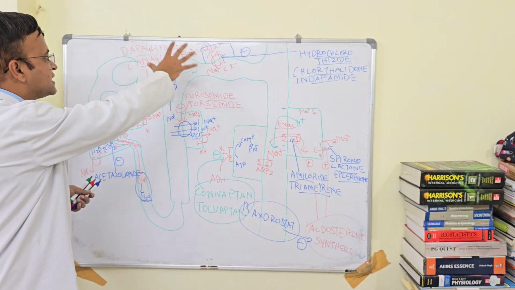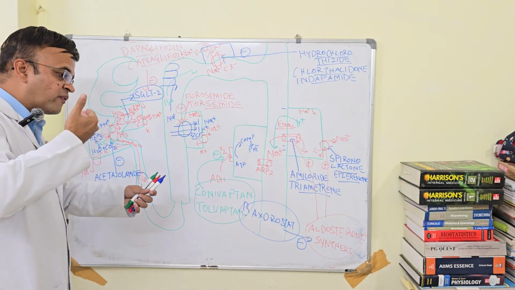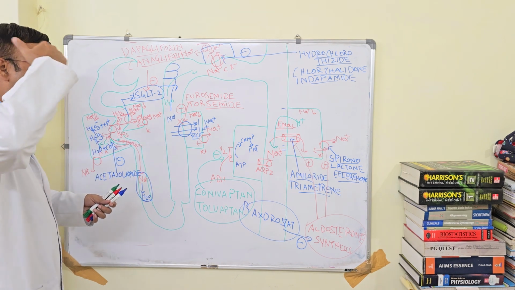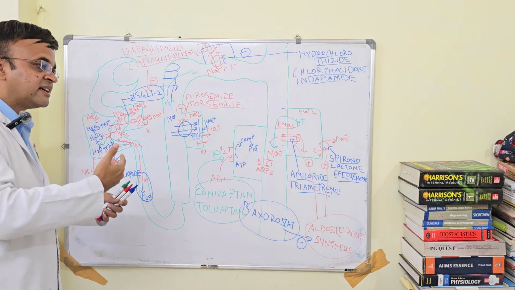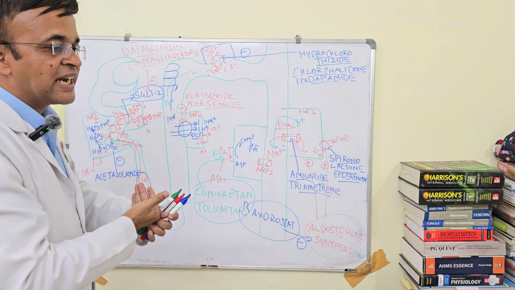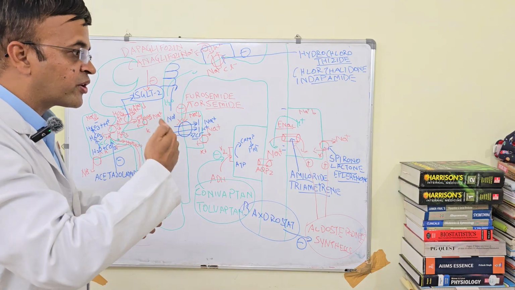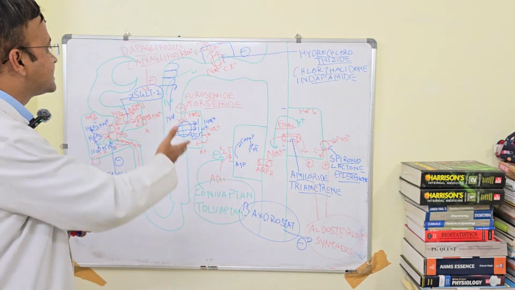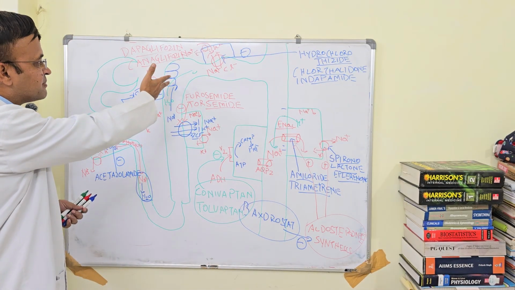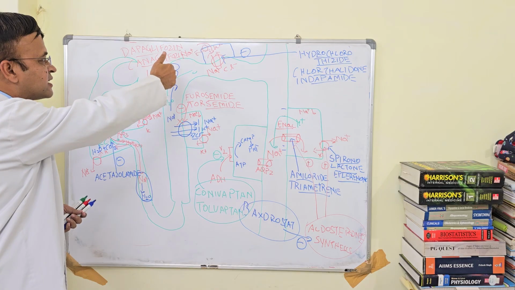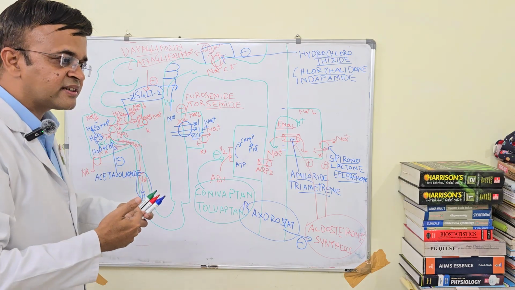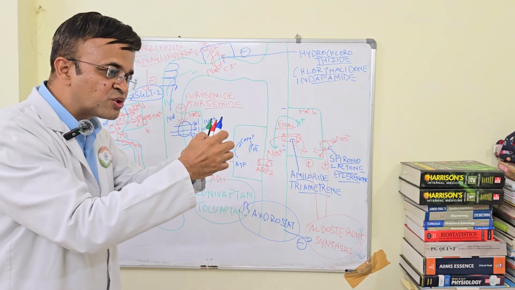They block the binding of adenosine to its receptor. With the help of adenosine, the brain senses that the body is getting tired. But if the adenosine receptor gets blocked, the brain won't know that the body is tired.